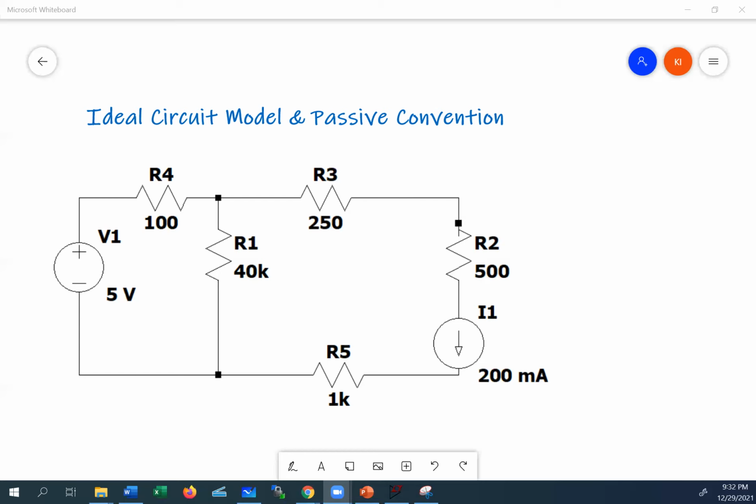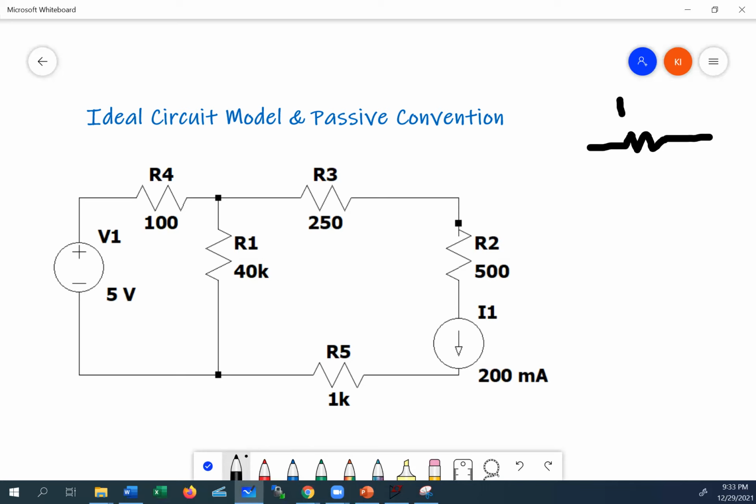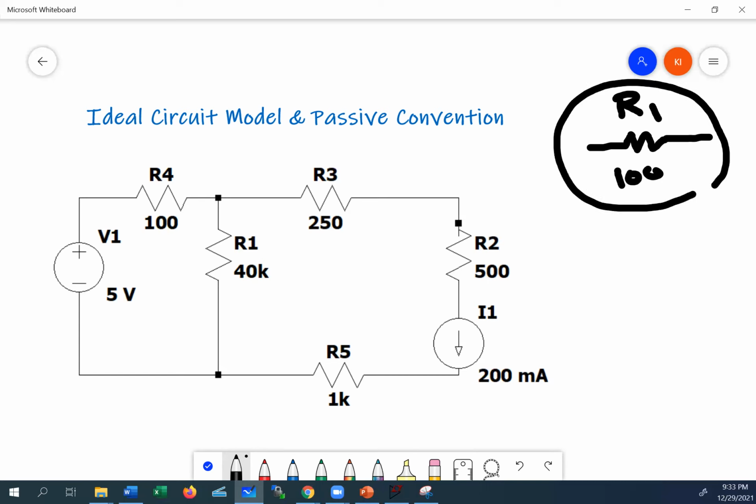So the decision is that anytime we want a resistor, we just draw it with a couple of up and down arrows, and then we put the designator, like R1, R2, and then we put the value on it. If it's 100 ohm, we put 100 here. If we want a 1K, we would put 1 kilo ohm, or whatever the value is. So the resistors are represented this way.